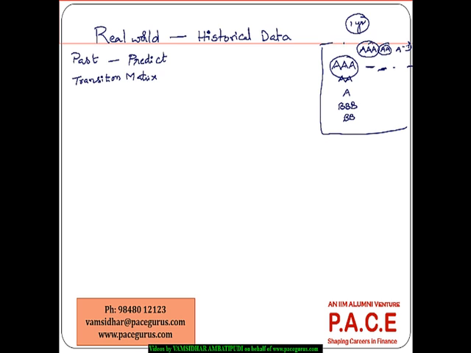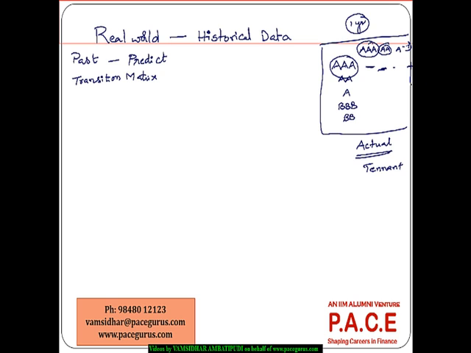This is the kind of matrix that would be developed, which is generally created based on the actual data, the actual experience of default, based on so many years of data, which is actually published by an organization called Tenet. So it gives me the historical probability of moving from one rating to the other during a 1 year period.